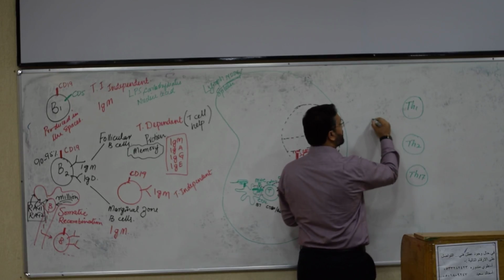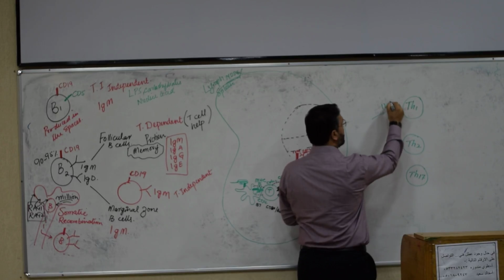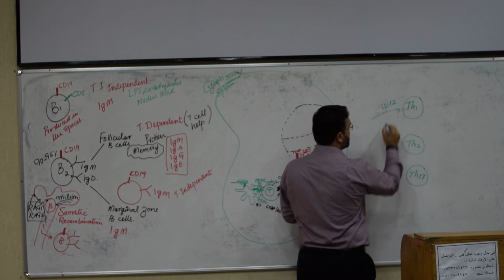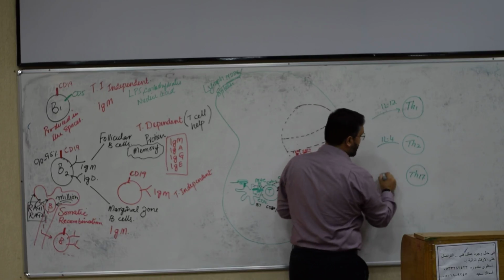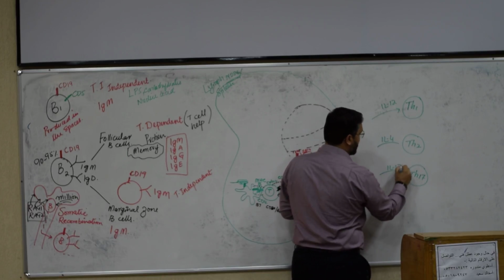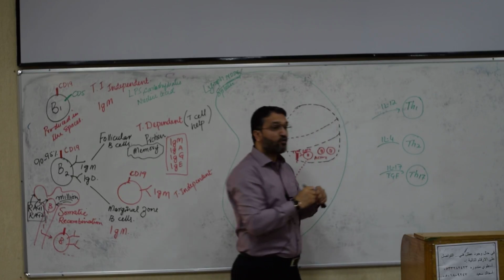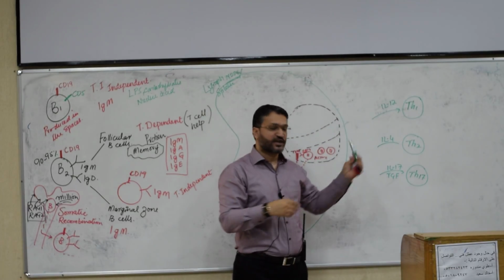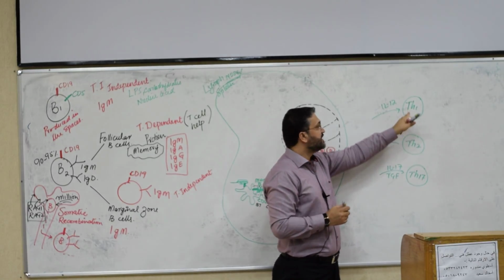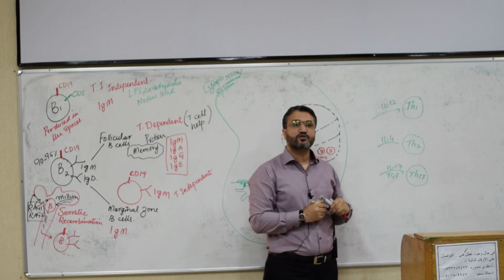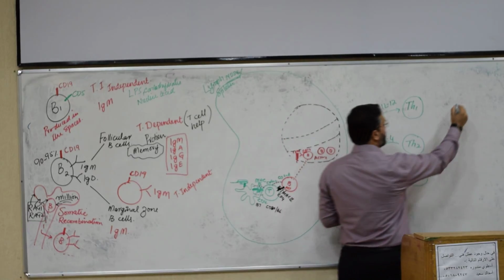If the dendritic cell produces IL-12, it will become Th1. If it produces IL-4, Th2. If IL-17 and TGF-beta, then it is Th17. Now we'll link it with the infections: if it's an intracellular bacteria, Th1 cells are capable of producing IgG immunoglobulins.